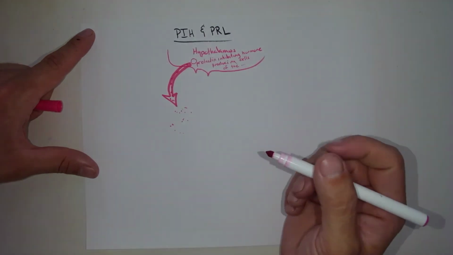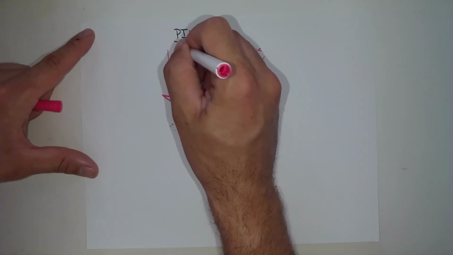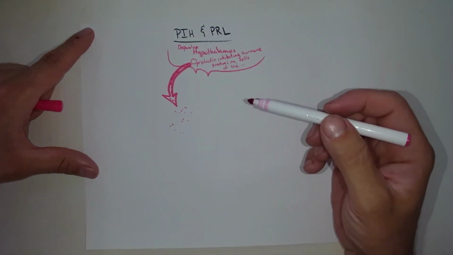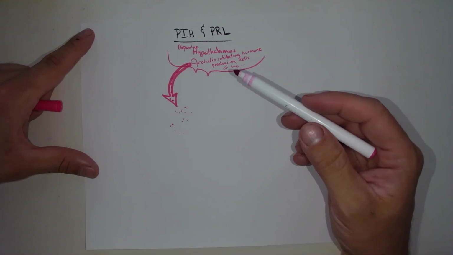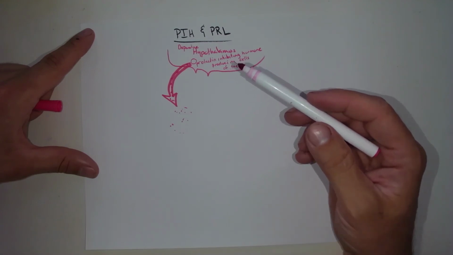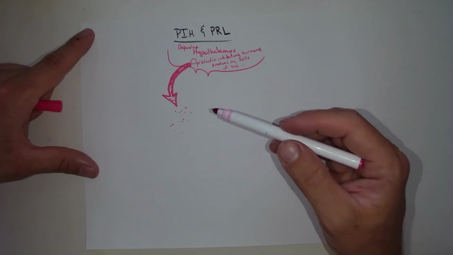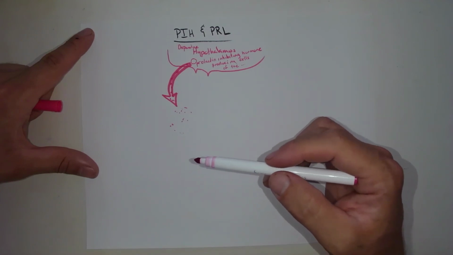Now, another name for PIH is dopamine. And so I think you'll be able to appreciate how dopamine enhancing drugs or dopamine inhibiting drugs can affect the ability of a nursing mother to produce milk.